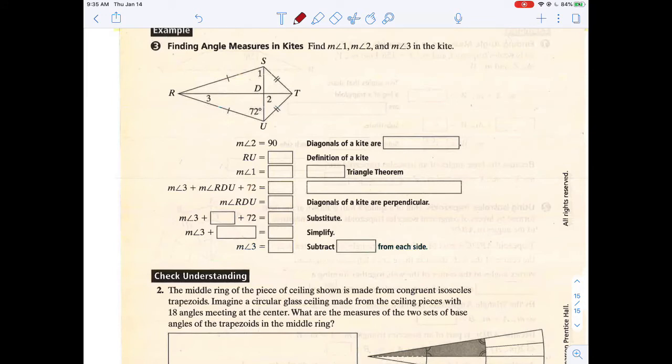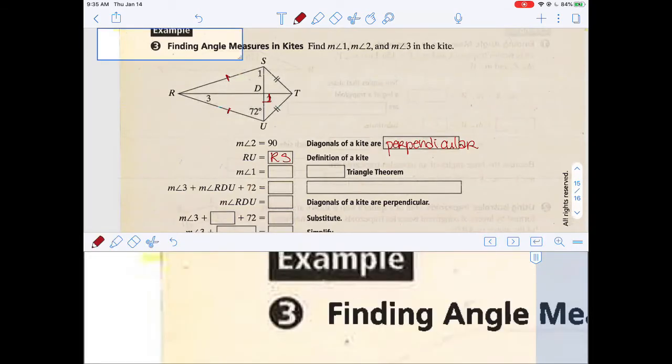We know that the measure of angle 2 is 90 degrees because the diagonals of a kite are perpendicular. That was a theorem that we learned earlier. Perpendicular means it forms a 90-degree angle, so measure of angle 2 is 90. We know that RU is equal to RS. It's marked here. It's also the definition of a kite.